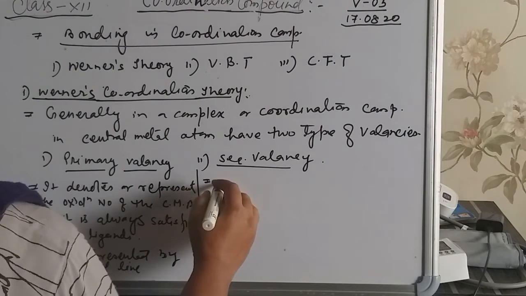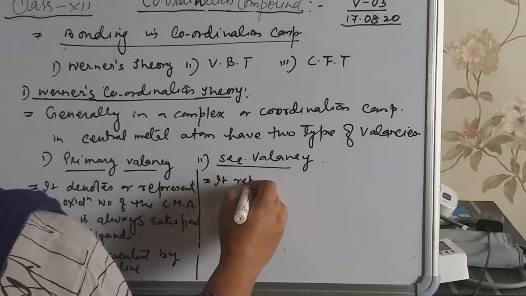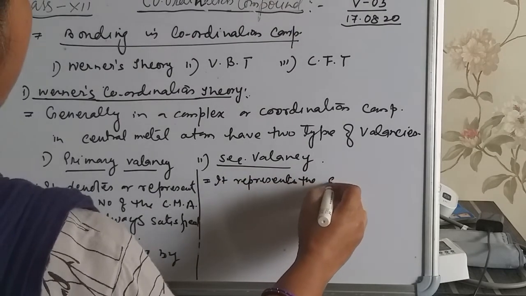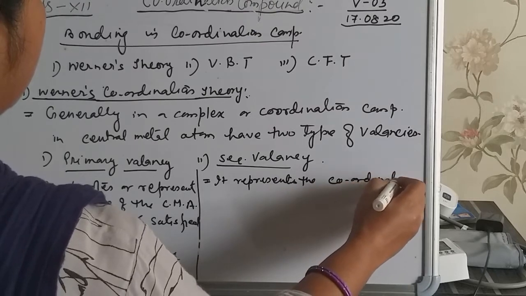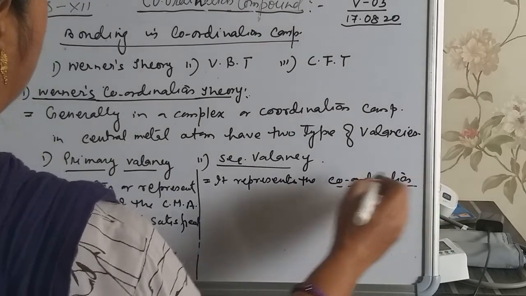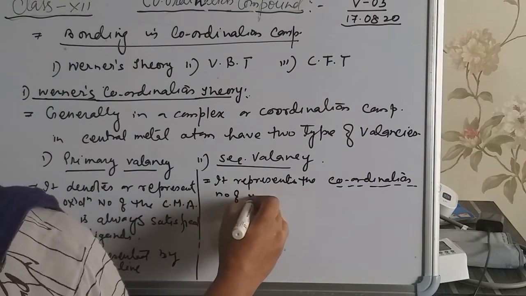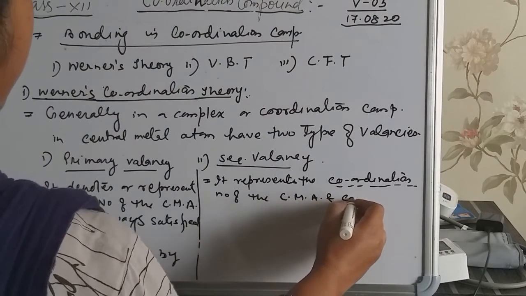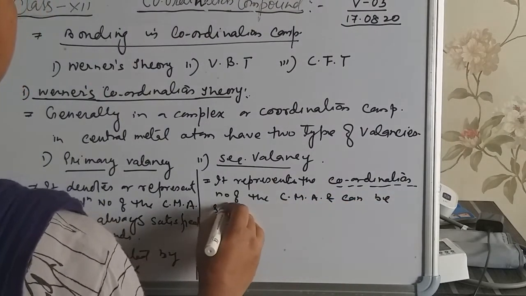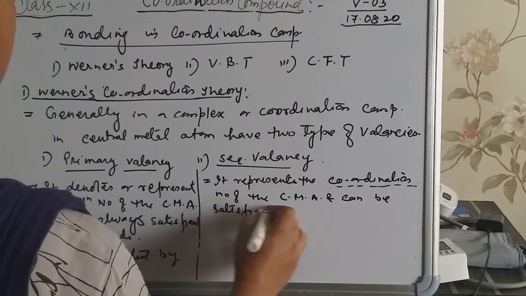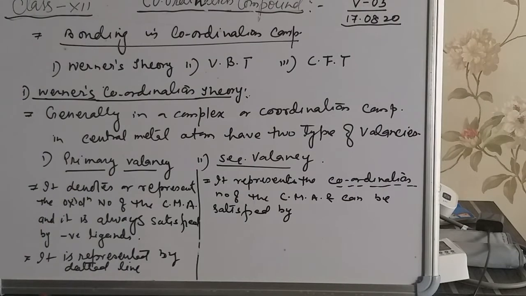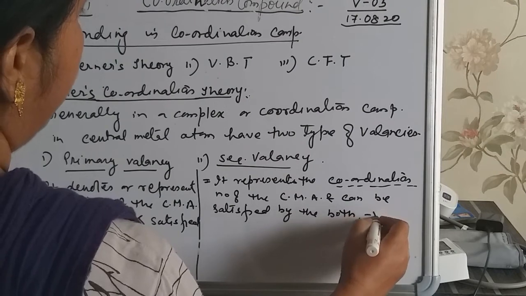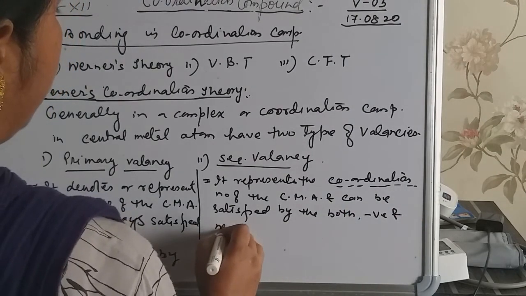Secondary valency represents the coordination number of the central metal atom and can be satisfied by both negative and neutral ligands.